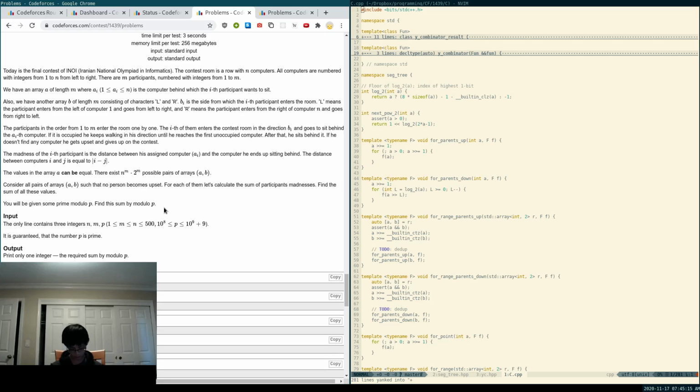Yeah, we can casework on where the last person sits. Oh, n is small. Okay, well then it's this polynomial.